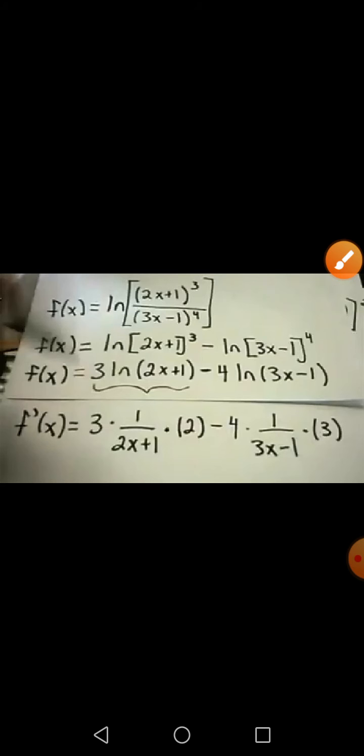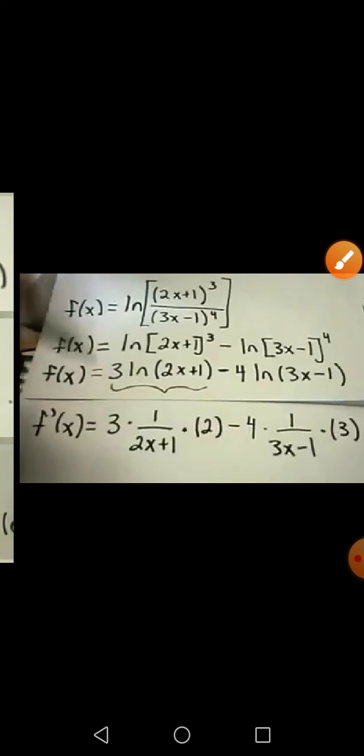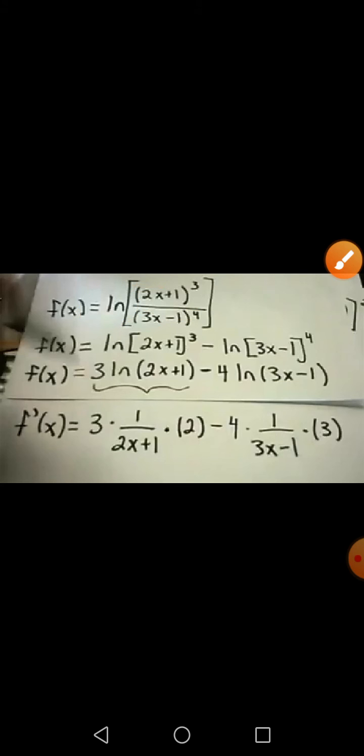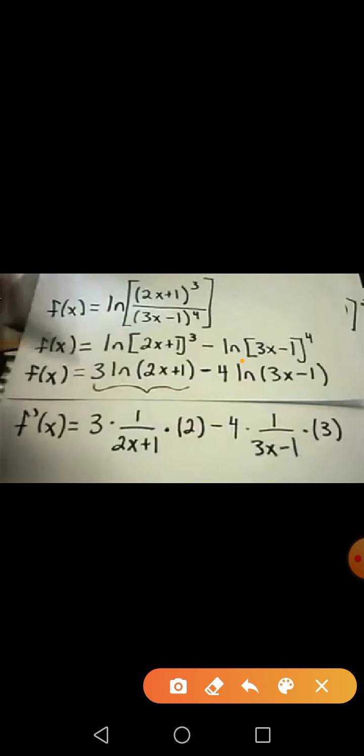So it's so hard, right? I have another solution. Do you remember the properties of ln in division? Yes, you will take ln of the numerator minus ln of the denominator.